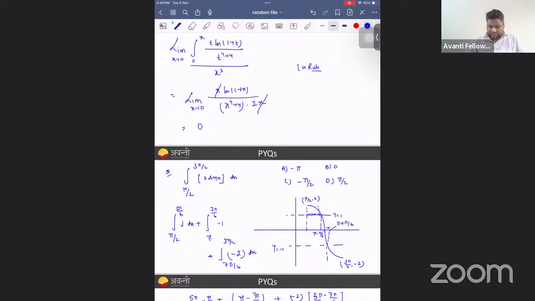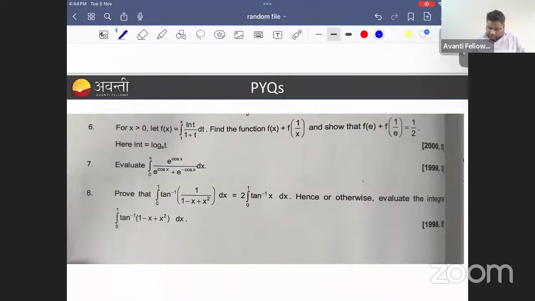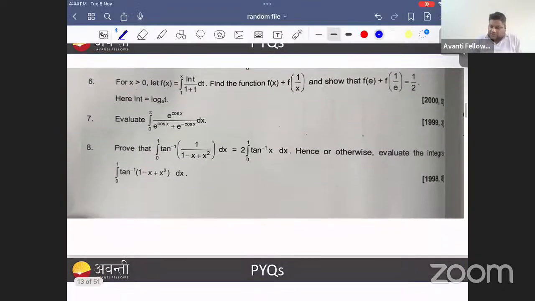Got it? Now, let's start with this question. This is a very amazing question. This came in JEE Mains twice and this came in JEE Advanced in 2000 year only.